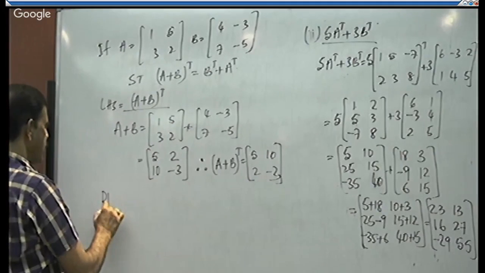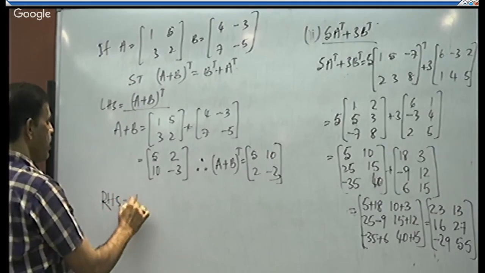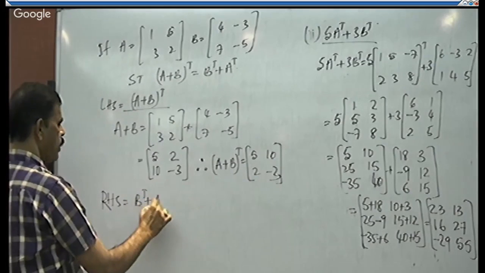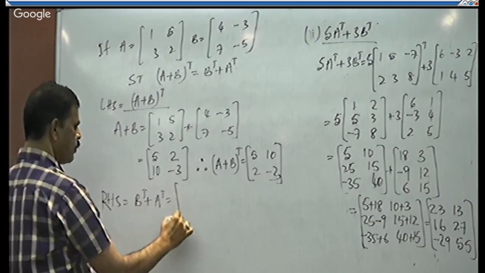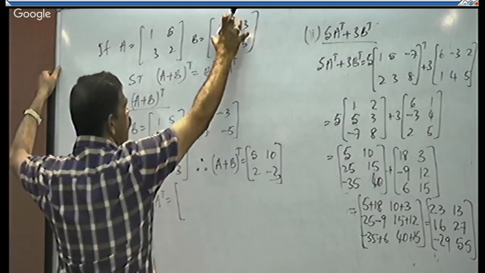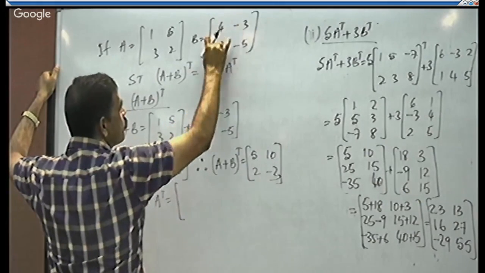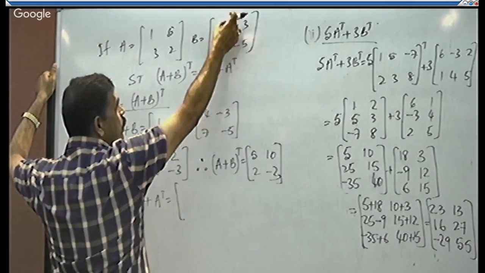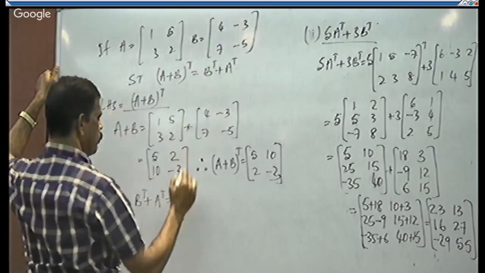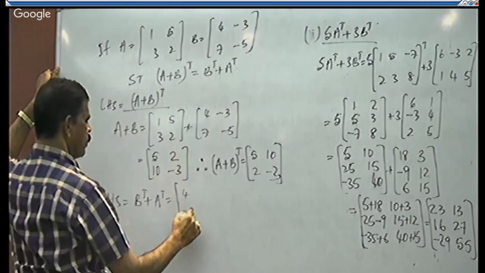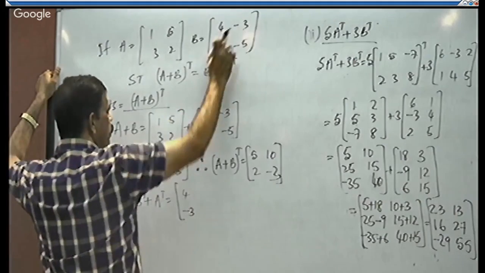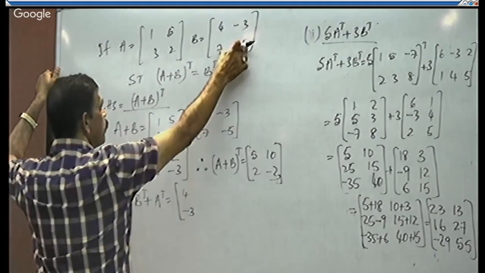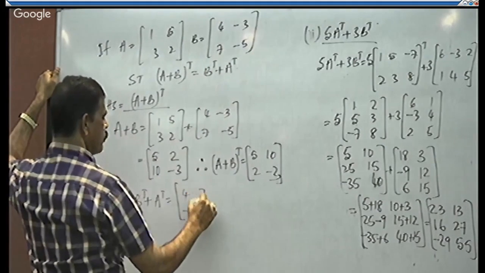What is right hand side? B transpose plus A transpose. What is B transpose? What is B? B is 4 minus 3 first row, 7 minus 5 is second row, which is made into changing rows into column. I will write directly 4 minus 3. That is first row is made as first column. Second row is made as second column, 7 minus 5.